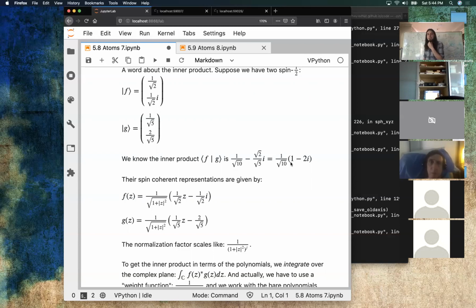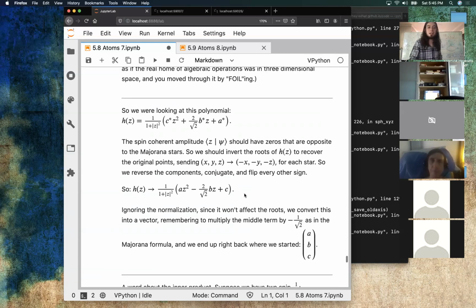The question is, can we get that same answer in terms of the polynomials? In other words, when we're working with the polynomials, we want to work with integrals instead of finite sums. All right, so can we do that?